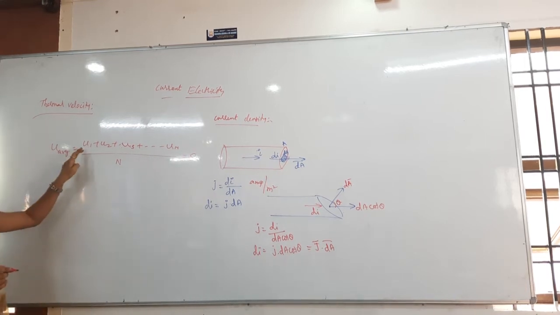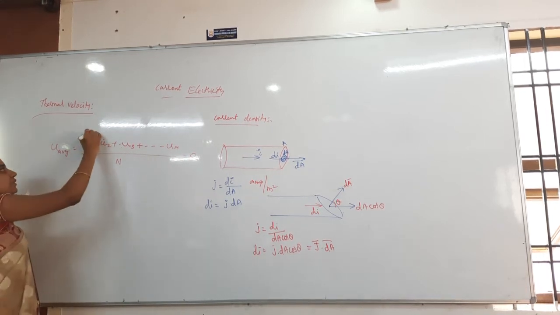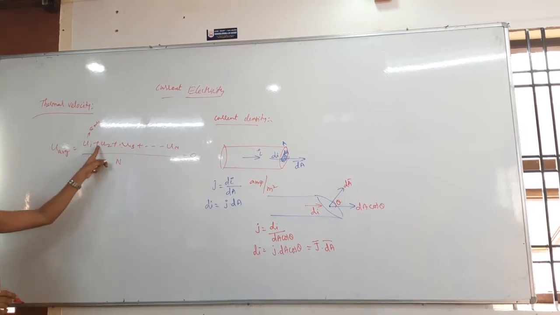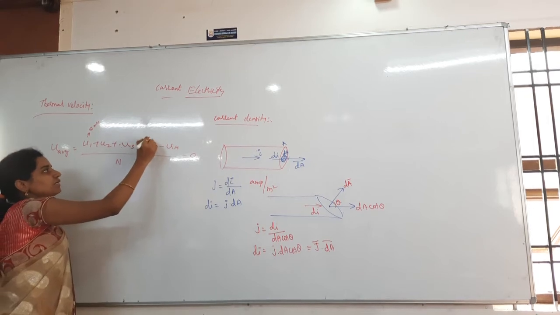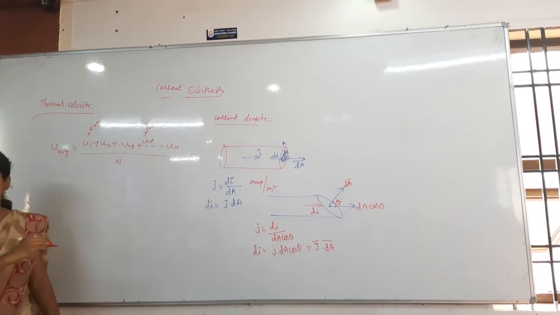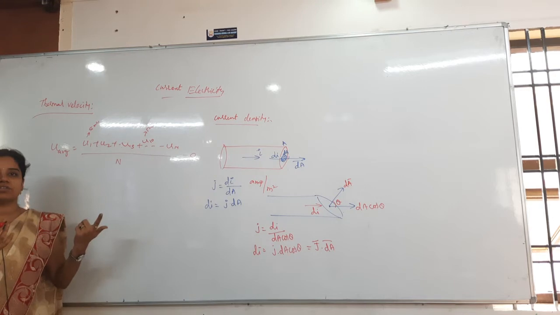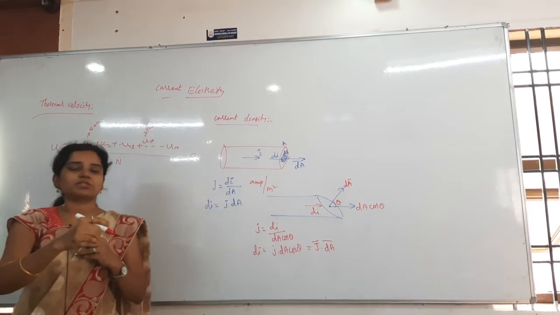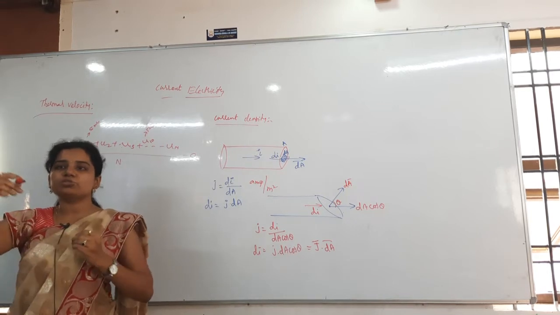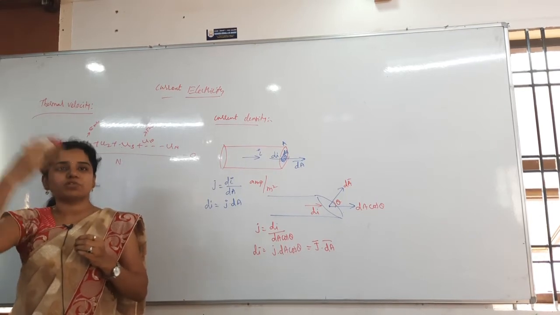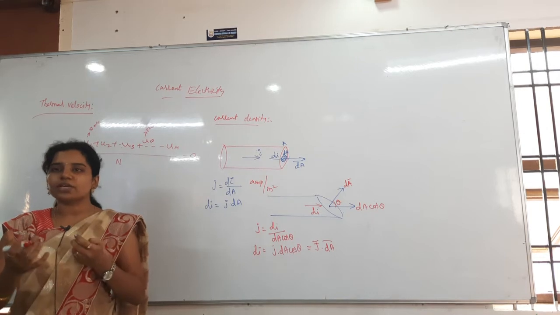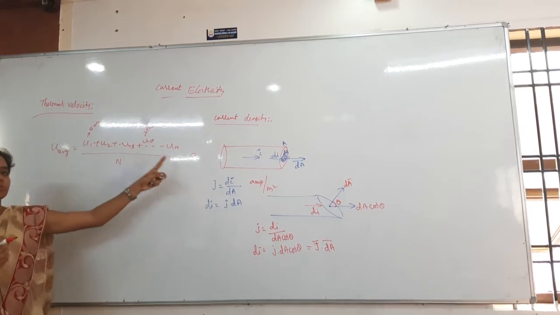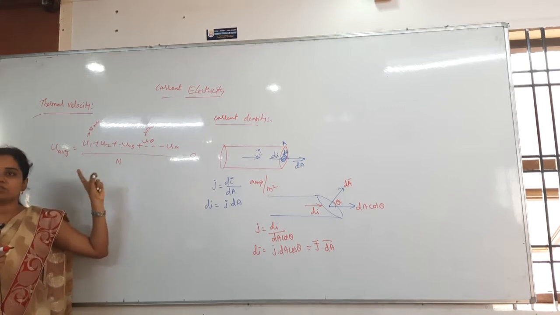Because not only these two: say this one has a speed of 5 meters per second, and u10 also has 5 meters per second, moving opposite to each other and colliding. Somehow it will get cancelled. If one moves along positive x, another moves along negative x. If one moves in the positive xy plane, another moves in the negative xy plane. The same way happens and all collide with each other. Then the net velocity is 0 only. Net thermal velocity is 0.